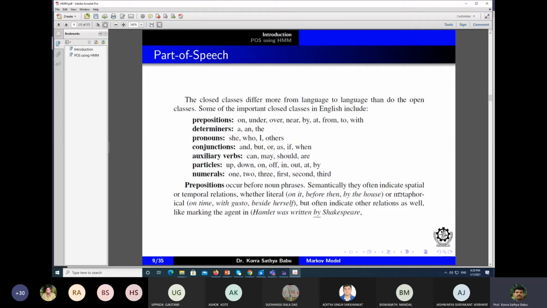A and an mark a noun phrase as indefinite, while the marks it as definite. Definiteness is a discourse property in the continuity of sentences. Articles are quite frequent in English. Indeed, the is the most frequently occurring word in most corpora of English, and a and an are generally behind the word the.